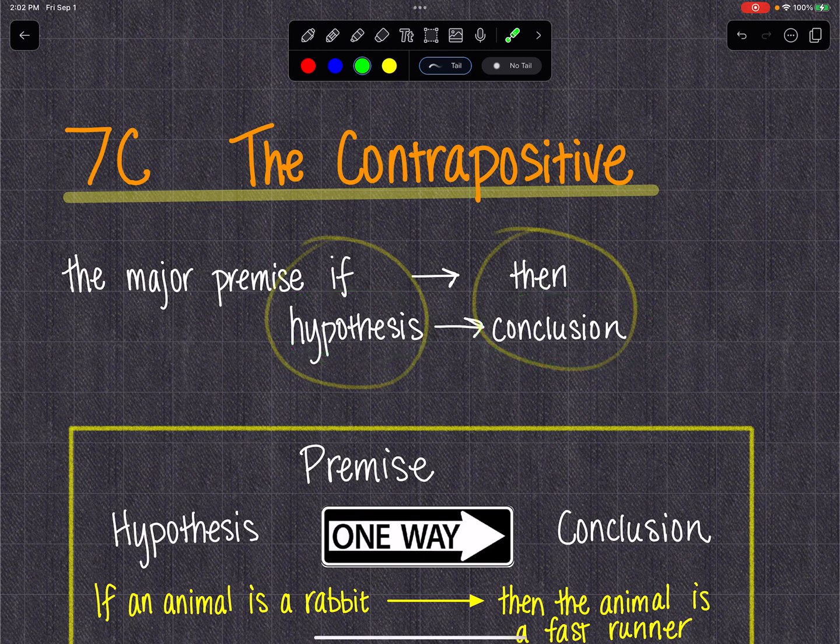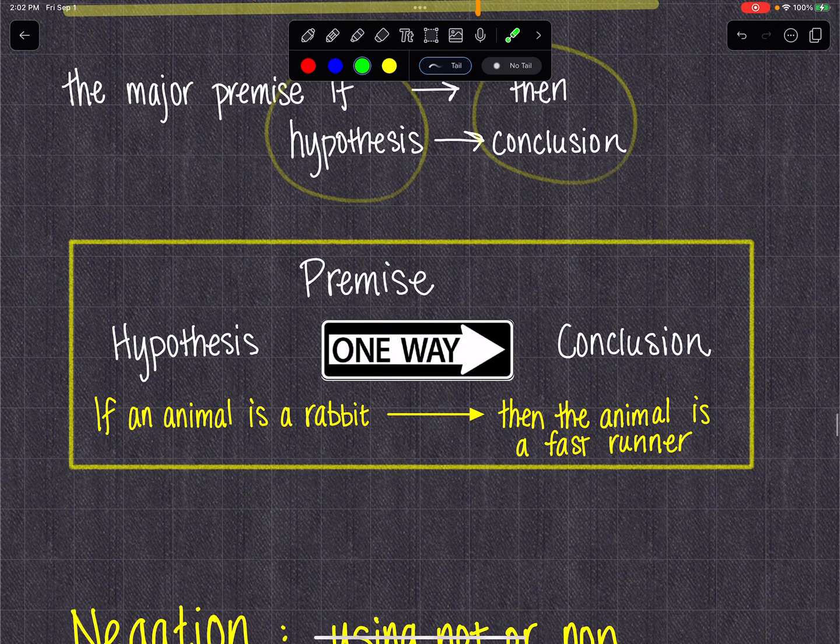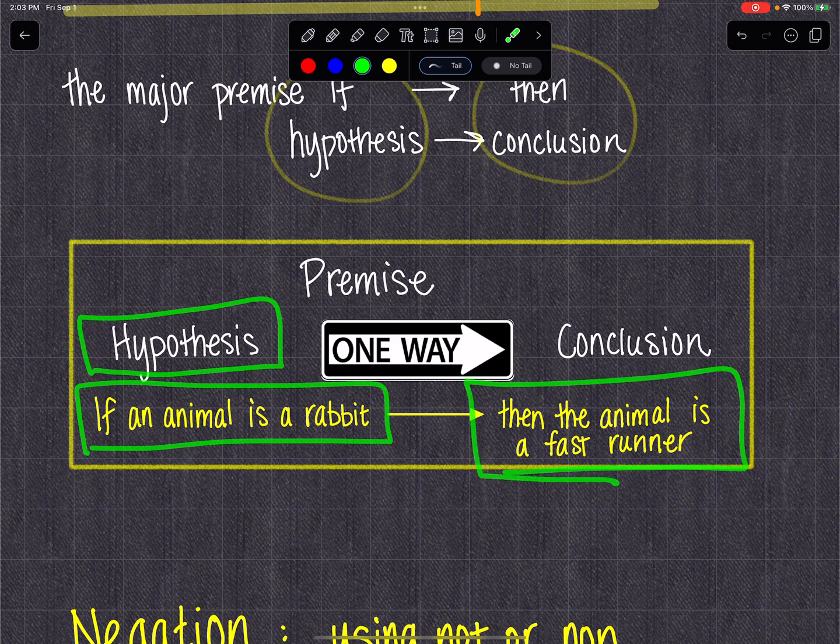So when the words if and then are not written, you can change it so that it has those words. For example, a premise might be rabbits are fast runners. Let's change it so you can identify what's the hypothesis, what's the conclusion. Rabbits are fast runners. So it would be, if an animal is a rabbit, then the animal is a fast runner.